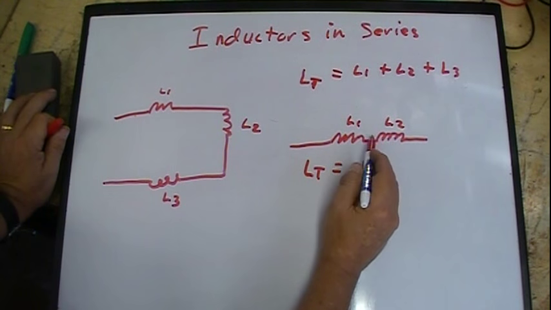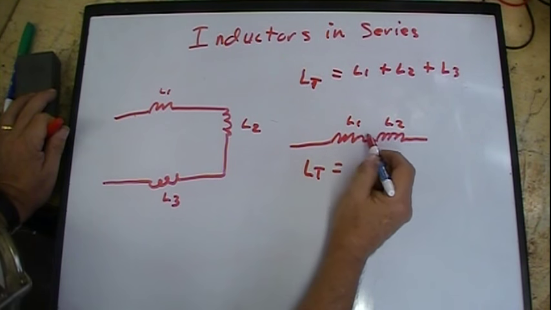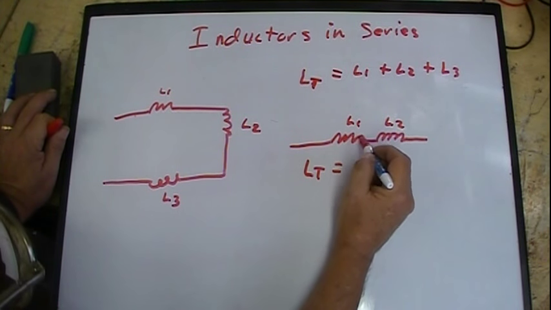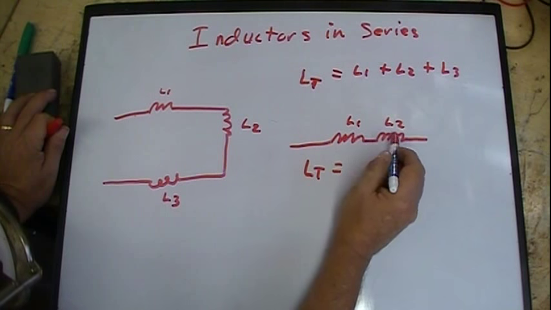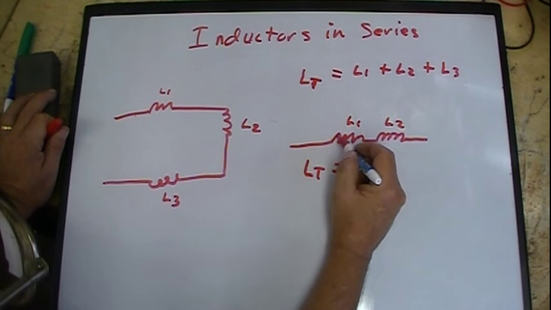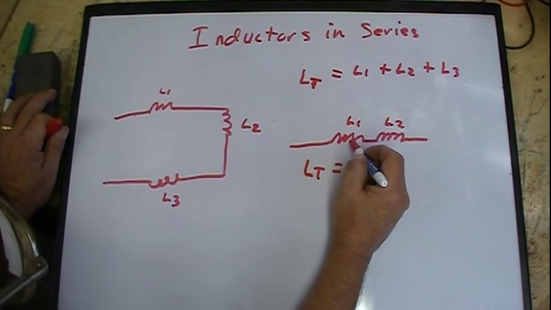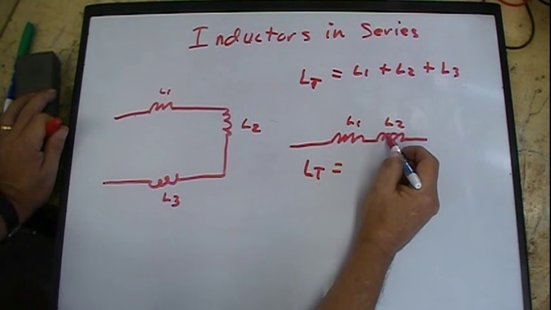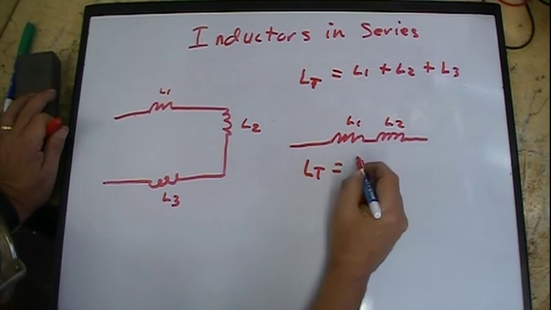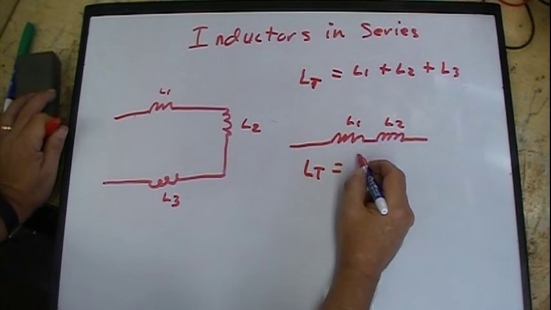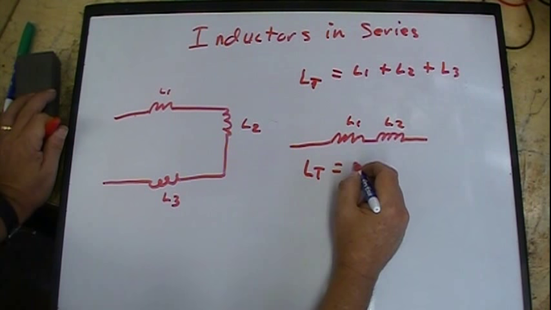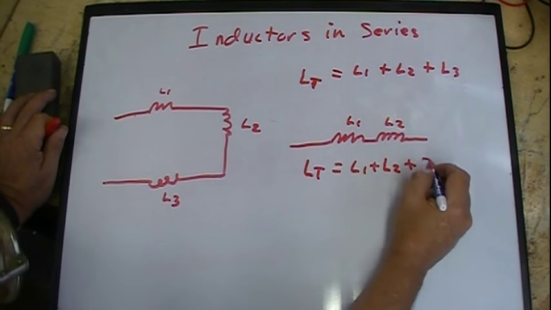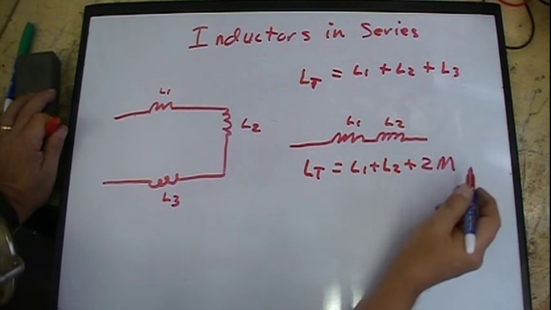If the mutual inductance is additive, in other words, if these two inductors are such that the current going through them builds a magnetic field in the same direction, so that the two coils are wound in the same direction and hooked up that way, then where the mutual inductance is additive, the total inductance is L1 plus L2 plus 2 times the mutual inductance.